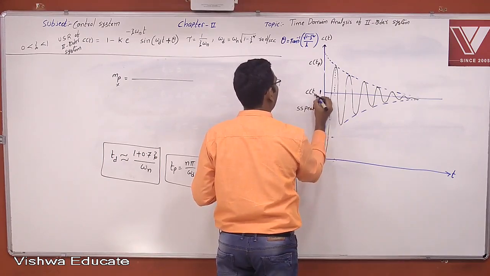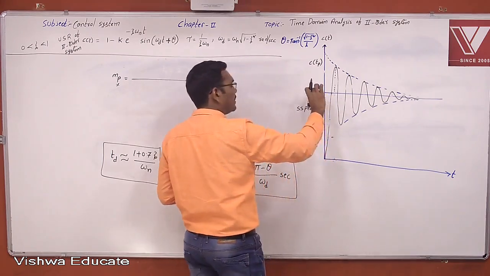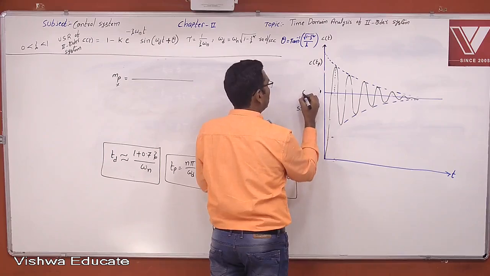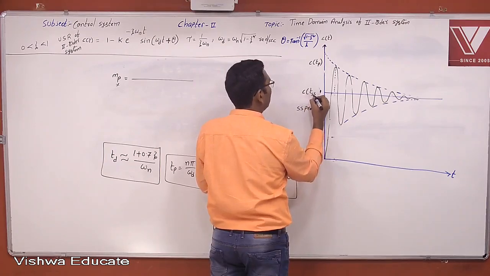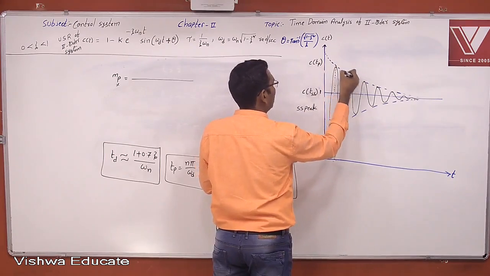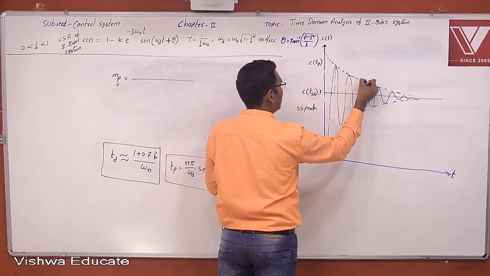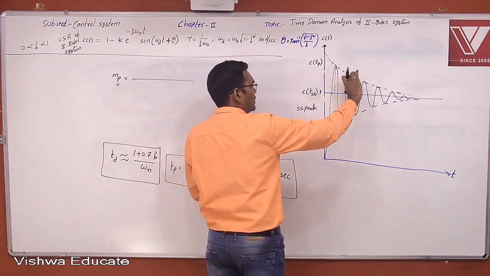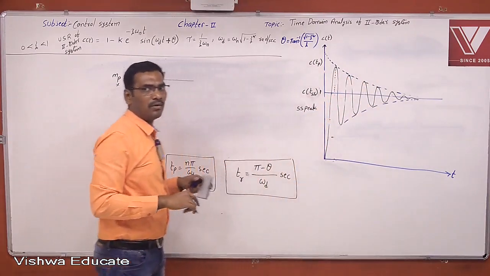Now the student is asking about the difference between this steady state peak and this time response peak. First time response peak, second time response peak, third time response peak. The deviation of the time response peak and steady state peak is called peak overshoot.